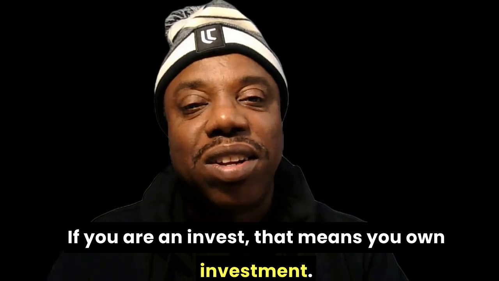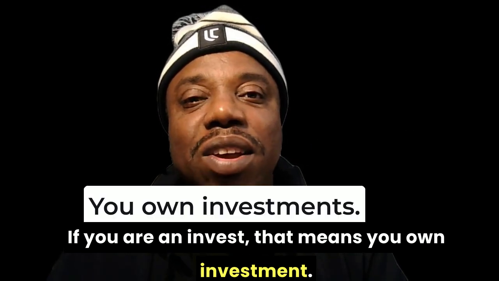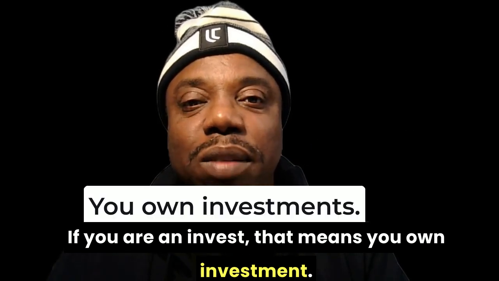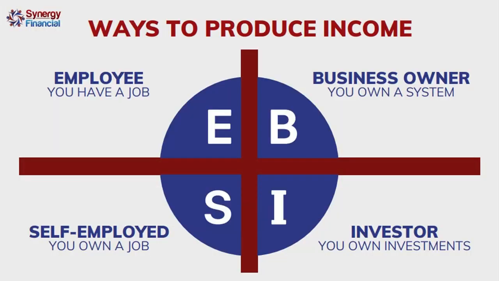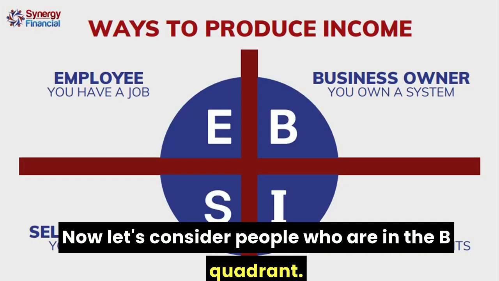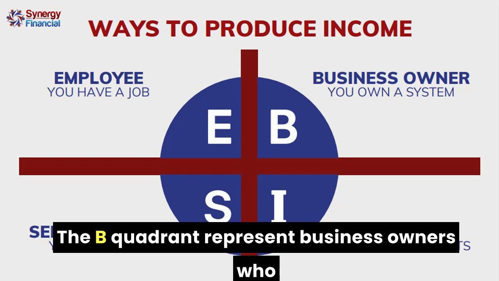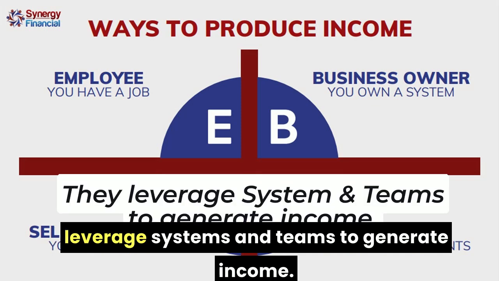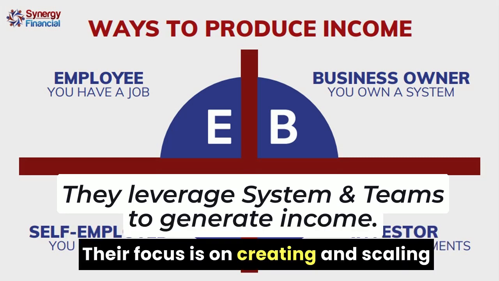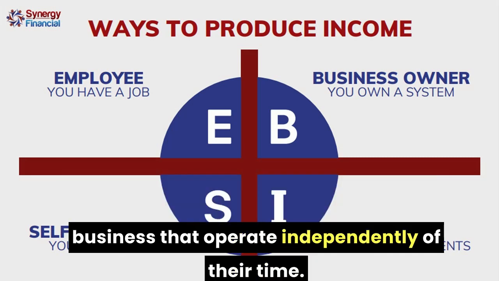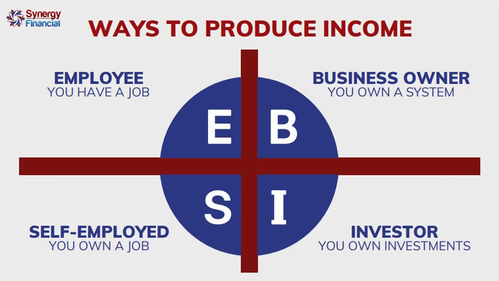If you are an investor, that means you own investments. Now let's consider people who are in the B quadrant, the business owner. The B quadrant represents business owners who leverage systems and teams to generate income. Their focus is on creating and scaling businesses that operate independently of their time.